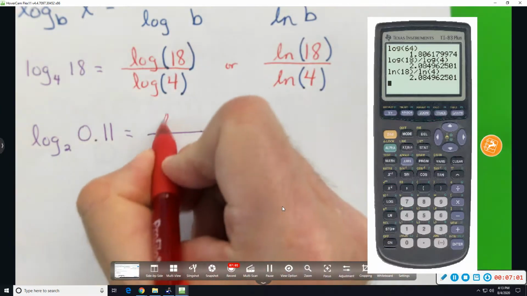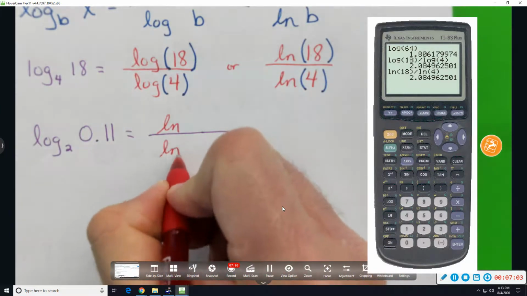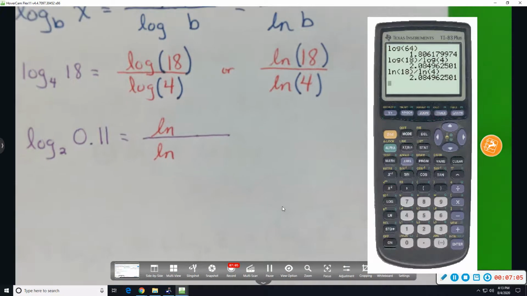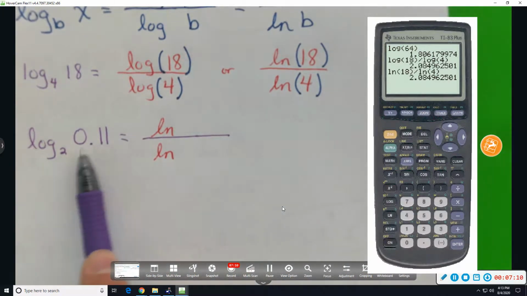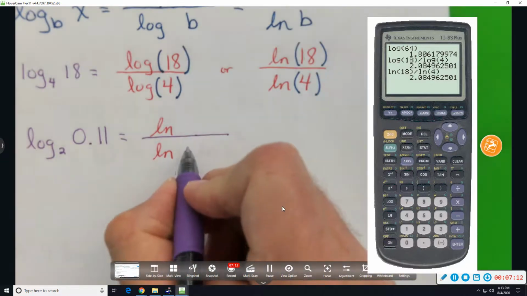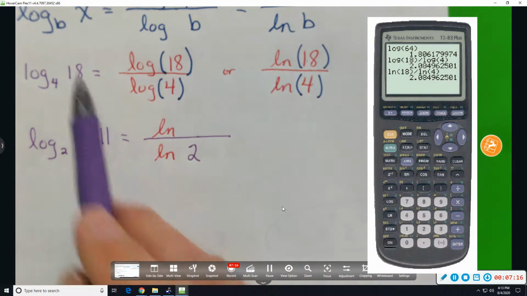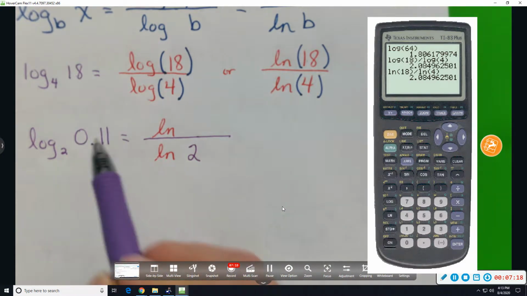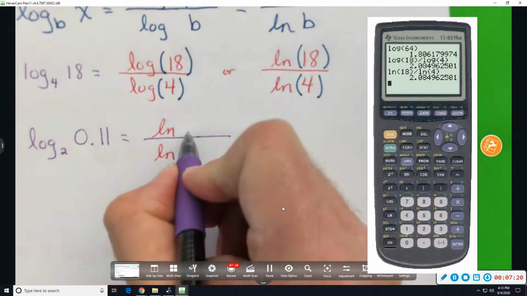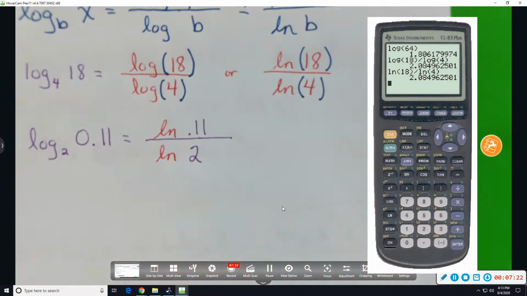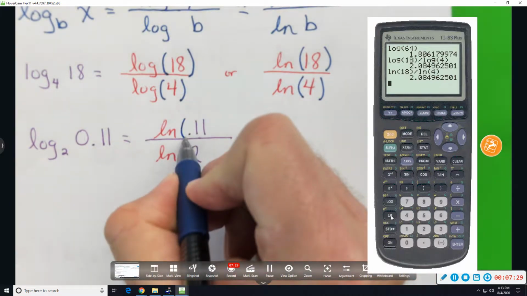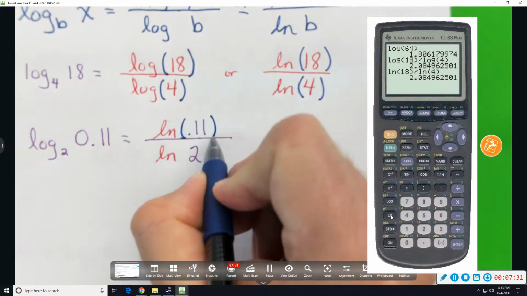And one thing you need to remember is which number goes on top and which number goes on bottom. Well, the subscript, the lower number, is the one that always goes on the bottom. The number that's higher up in the air, like the 18 or the 0.11, that's what goes on the top. But be careful. What I've written here is not what we're going to punch into the calculator because it'll open those parentheses, so we've got to be sure to close them.